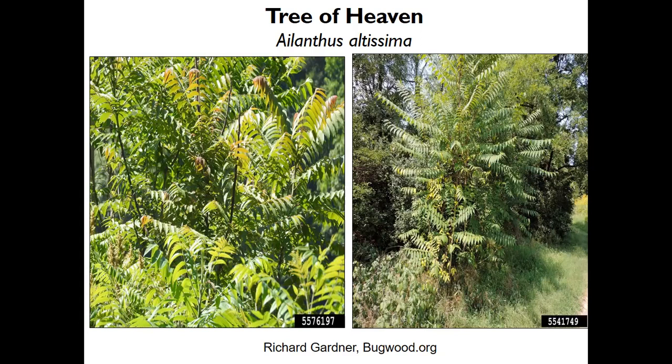A prime example is the walnut trees that are known for doing this. Well, tree of heaven does this as well. The trees can often be found in abandoned and collapsed buildings. They can be seen growing in the cracks.